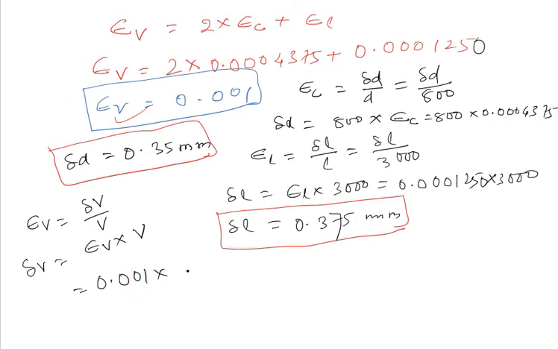And the volume of the drum is pi by 4 d square L. So 0.001 multiplied by pi by 4 into d, which is given as 800 squared, and L, the length of the drum, which is 3000.